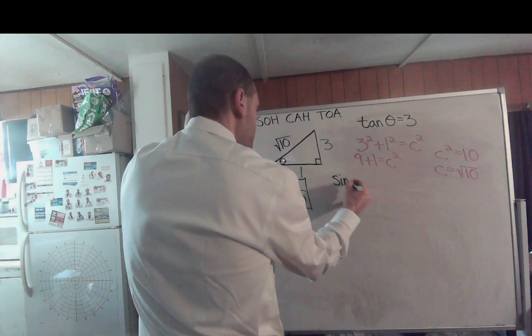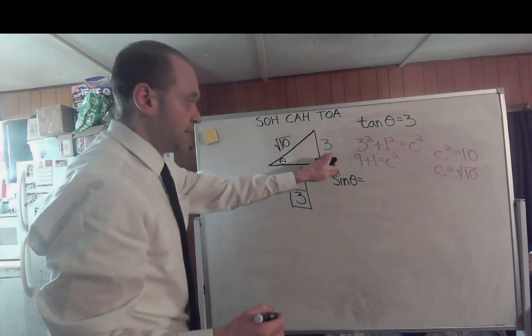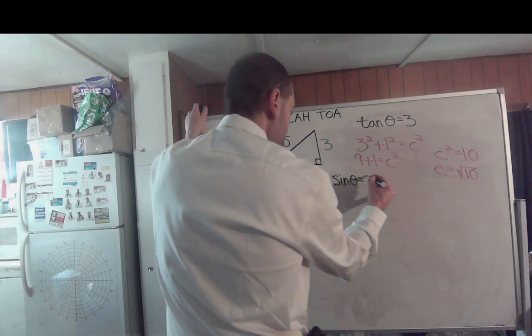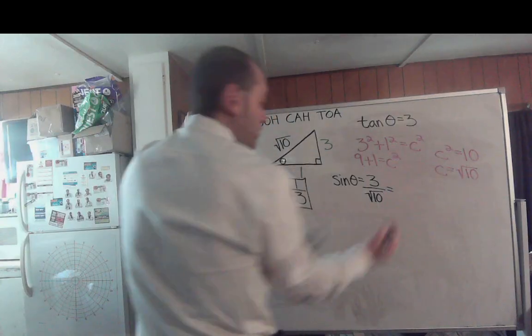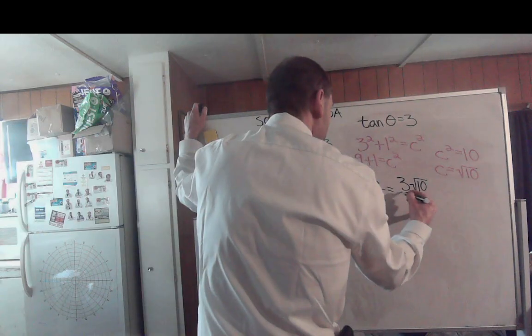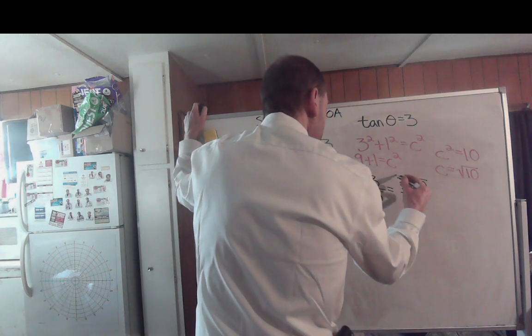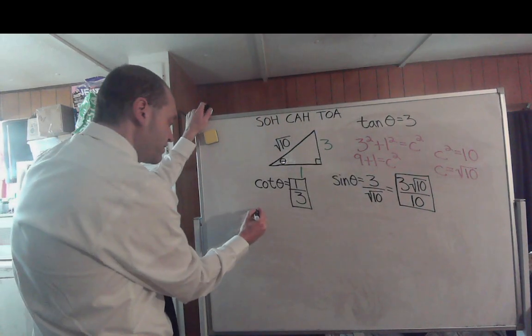The sine of theta, that of course is your opposite leg over your hypotenuse, which initially begins as 3 over the square root of 10. When you rationalize it, you'll get 3 times the square root of 10 divided by 10. That would be your sine of theta. Let's find the cosine of theta.